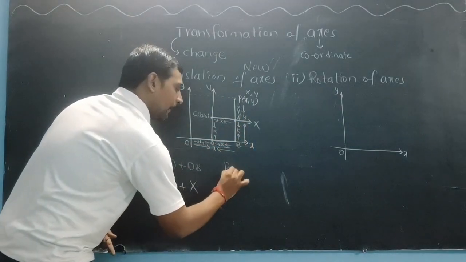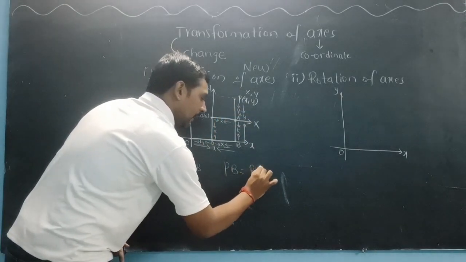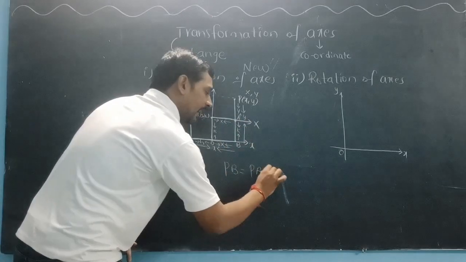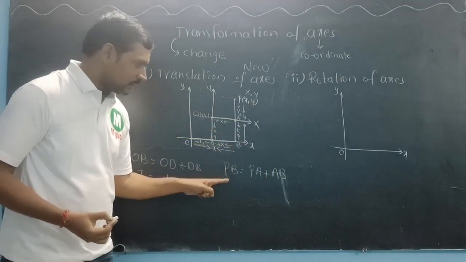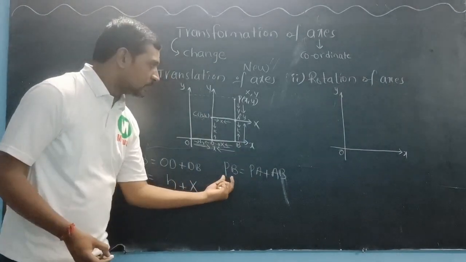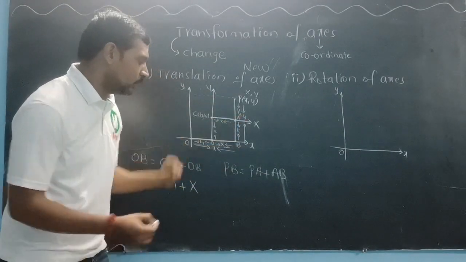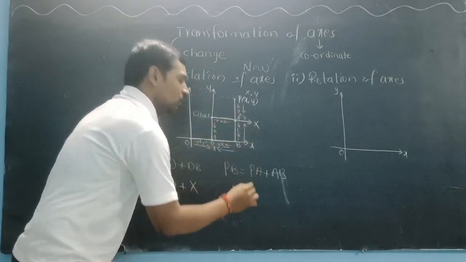Similarly, if you observe this, PB is also divided into two portions: one is PA, another one is AB. So PB is equal to PA plus AB. What is the PB value? PB value is y. And PA, what is the PA value?